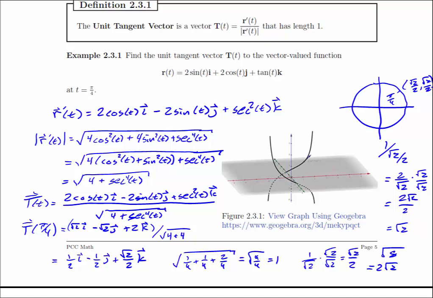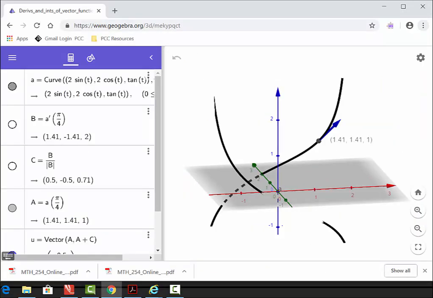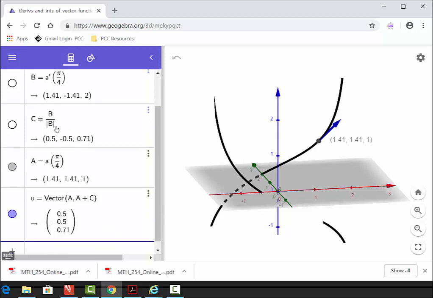Let's go ahead and take a look at our graph here. So we have our curve. We have the derivative at pi over 4. And then I've got the derivative at pi over 4 divided by its own length gives us 1/2, negative 1/2, and then this hopefully should be the square root of 2 over 2.